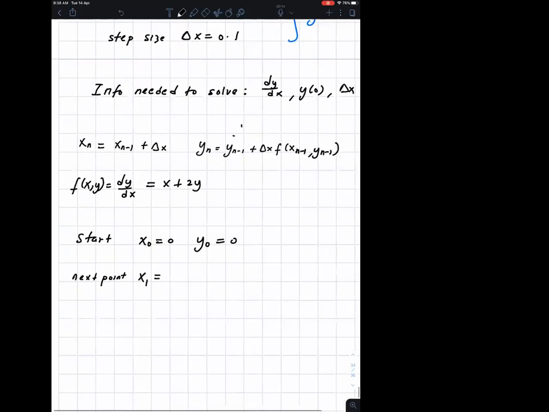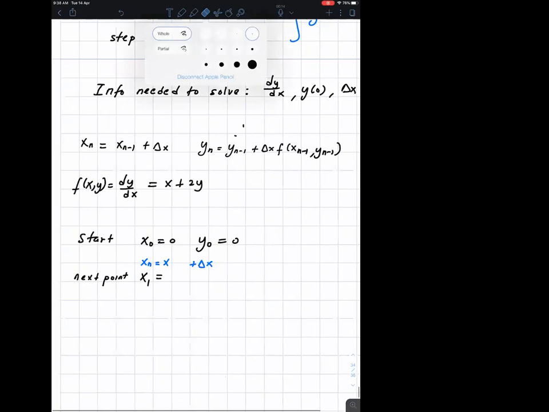Let me write this in blue so you can see: xn is equal to xn minus 1 plus delta x, correct? So when n equals 1, what is xn minus 1?